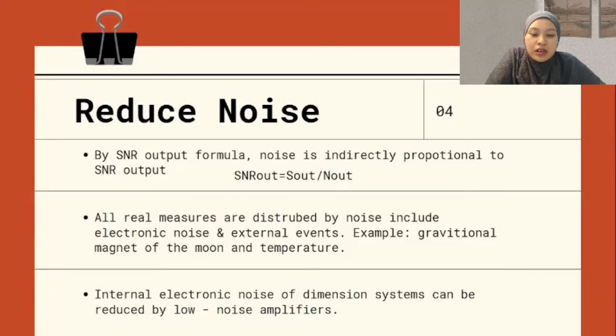All measurements are disturbed by noise, including electronic noise and external events. Examples of external events are the gravitational pull of the moon and temperature, while the internal electronic noise of the system can be reduced by low noise amplifiers. So that is all from me. Thank you.